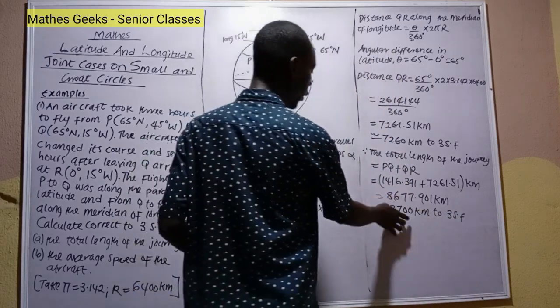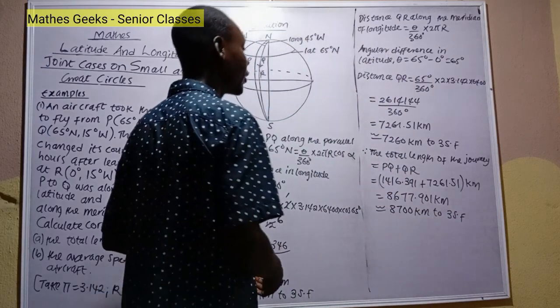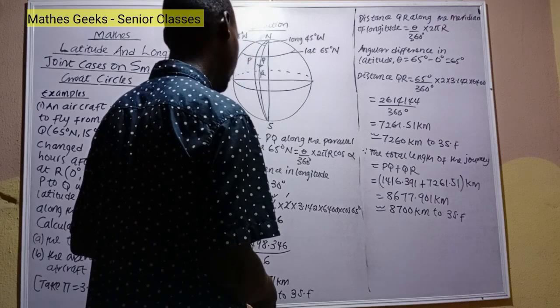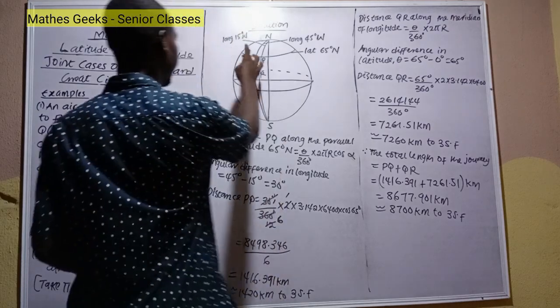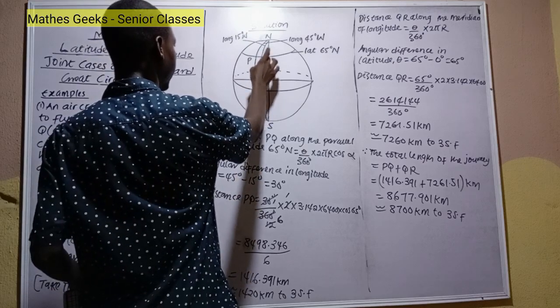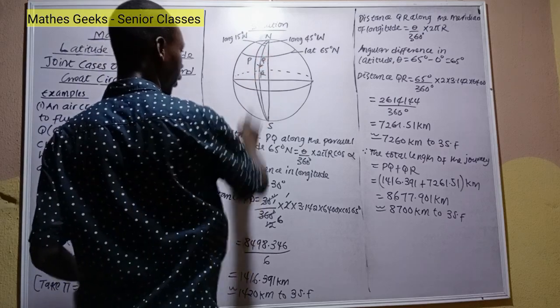That's the total length of the journey, not the average. It's gotten from distance PQ plus distance QR.